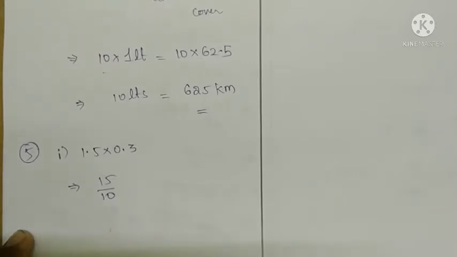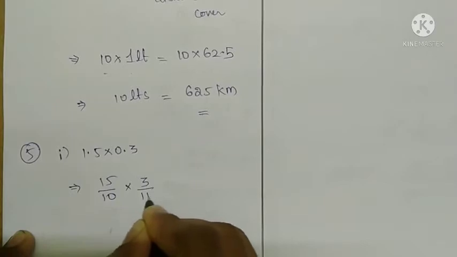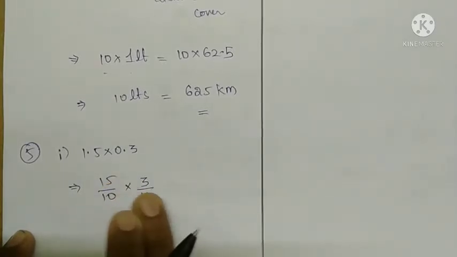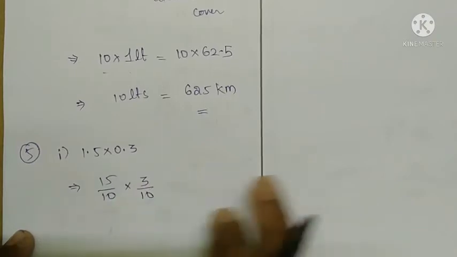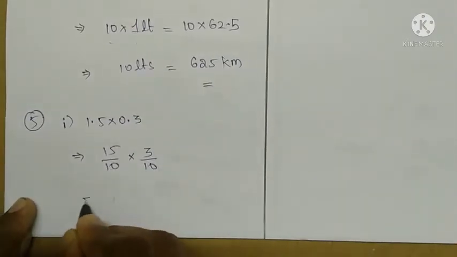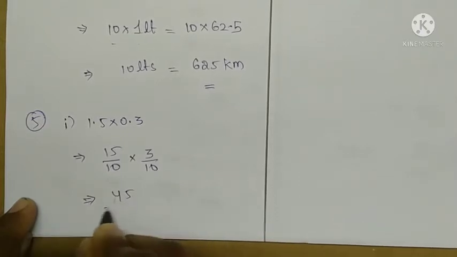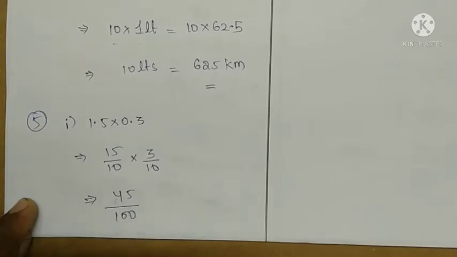Into 0.3 means 3 by 10. In this fractions multiplication, we have to multiply numerator with numerator, denominator with denominator, right?